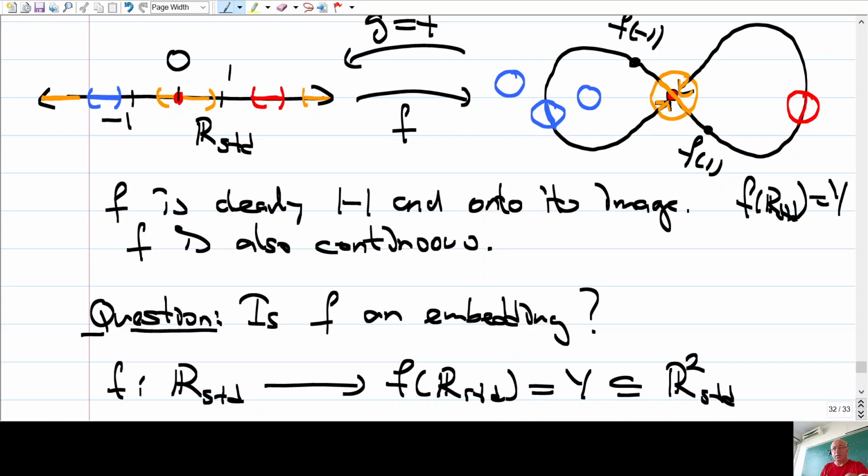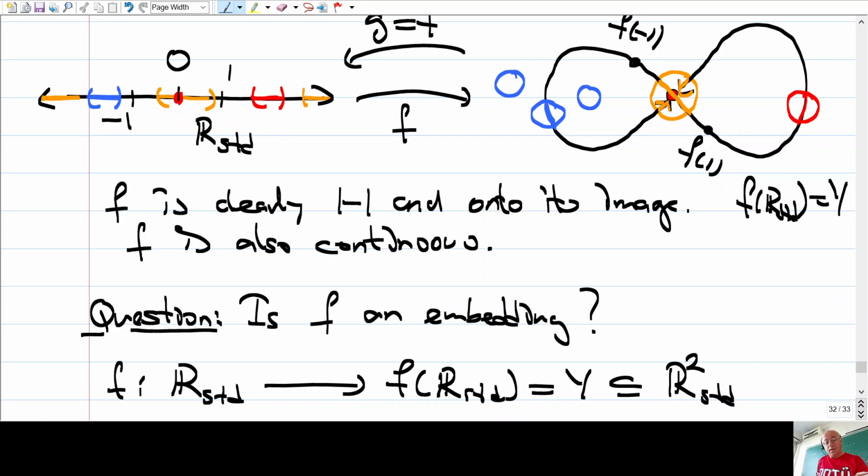Okay? And what is that topology? We almost described what that topology is. A basis for this topology will have three kinds of open sets. Open sets of this type, the blue open intervals, red open intervals, and a third kind of basis elements.